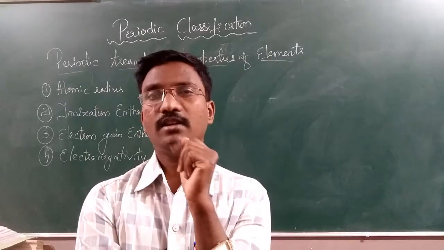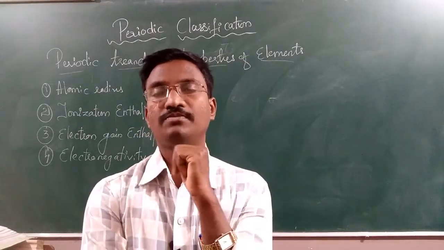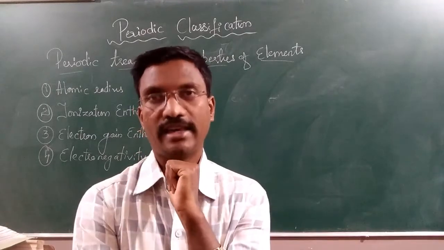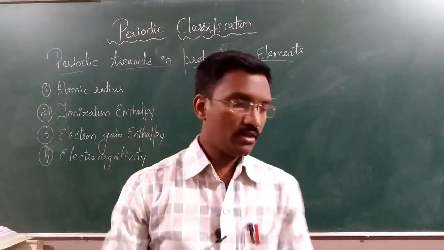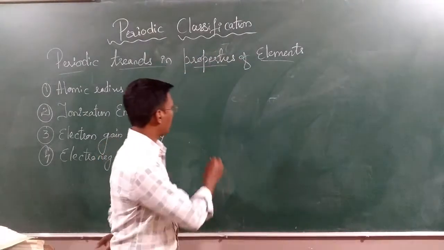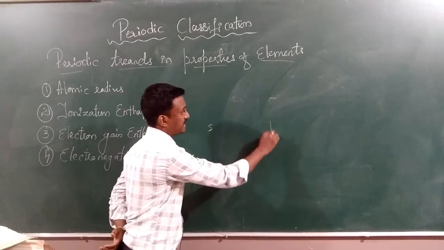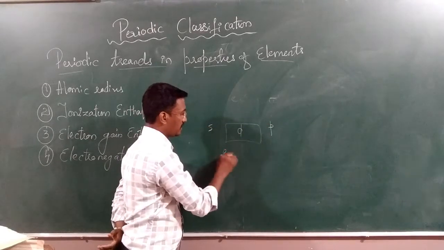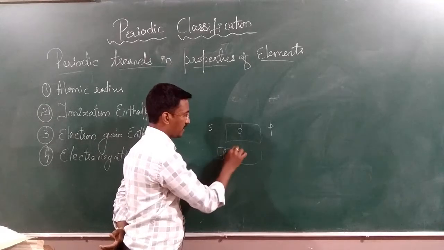Same thing. One more question was also asked: the F block elements are kept separately in the periodic table. Why? I hope you remember the S block is at the left, P is at the right side, D is at the middle, and F is nothing but the lanthanides and actinides.